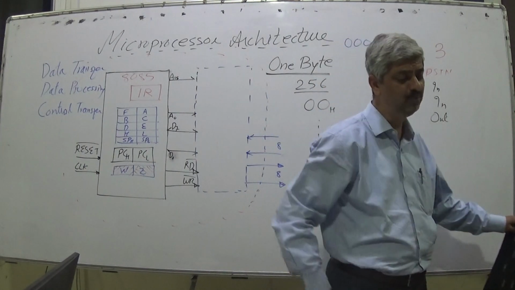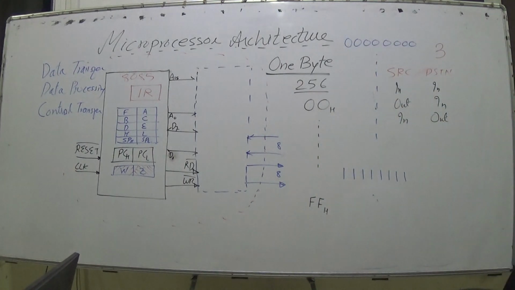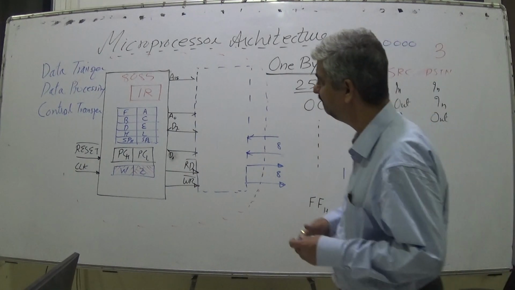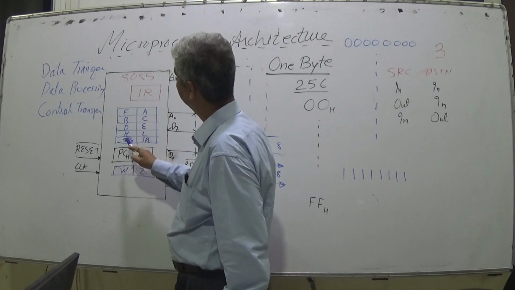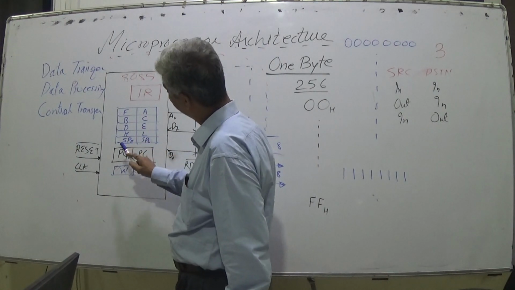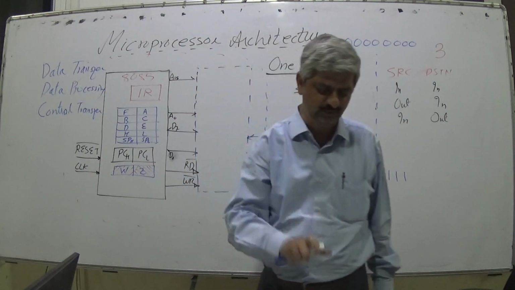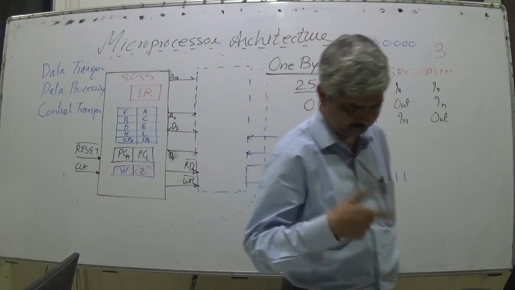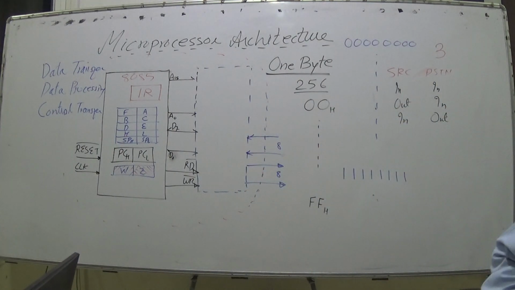So if both are inside, how many registers are there inside the microprocessor? 1, 2, 3, 4, 5, 6, 7. So you need to specify which source and which destination.